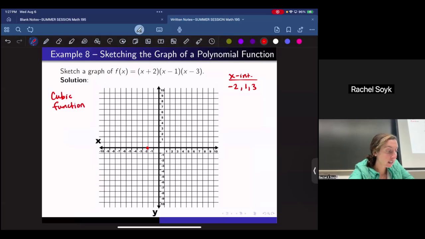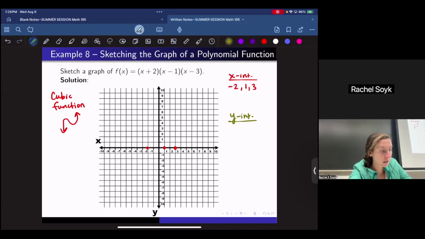And nothing's negative either, so it's just going to be something like this. So we have -2, 1, and 3. Let's put in our y-intercept to give us another point.